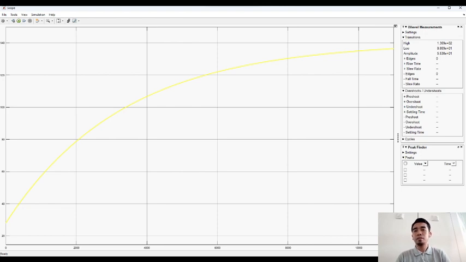And this slide shows us the process parameters using the process reaction curve, or PRC, where the right side of this graph shows us the process parameters using the Nichols method.